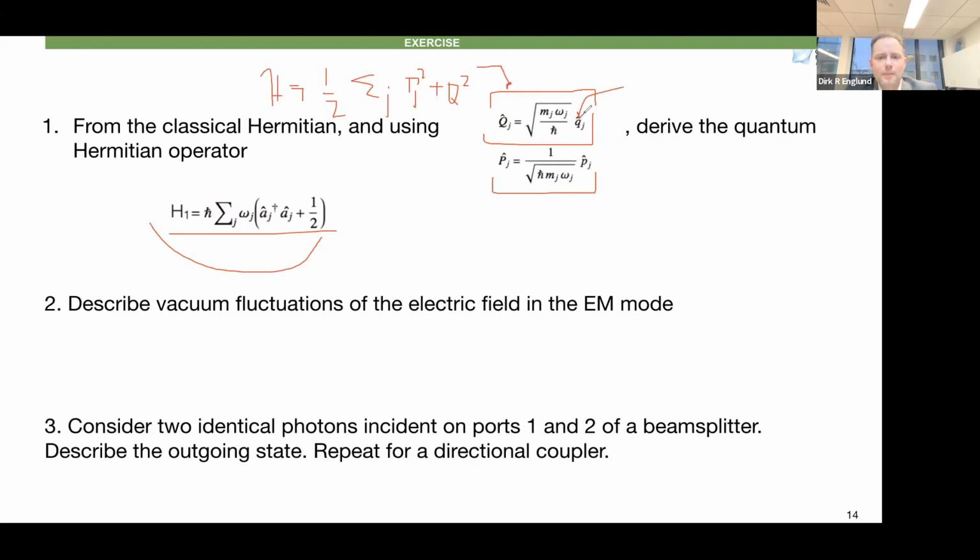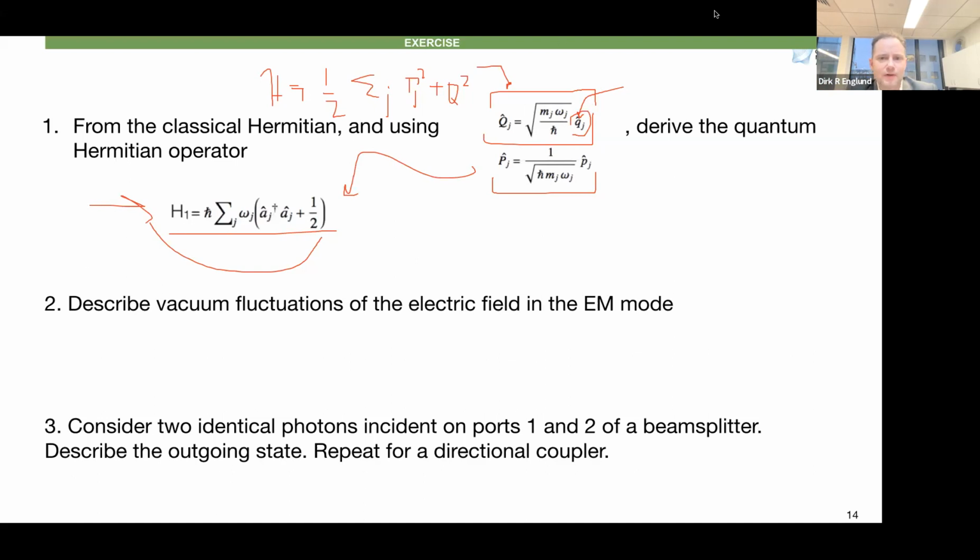From our earlier slide on the equivalence of the harmonic oscillator for the mechanical system and for the electromagnetic system, relate P and Q to a and a dagger, and then using in addition the commutator relations, that's how you derive this expression. Okay, this one's a bit tedious.